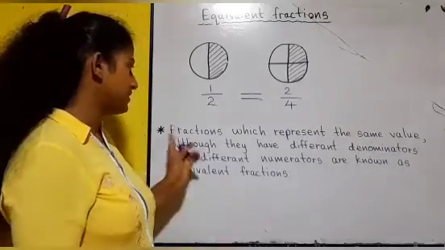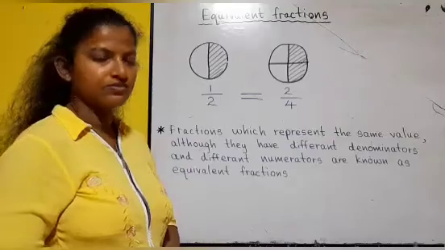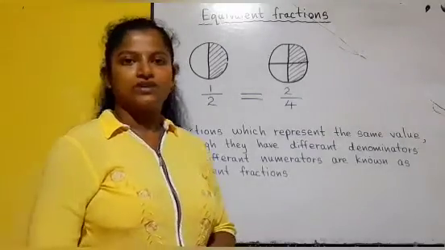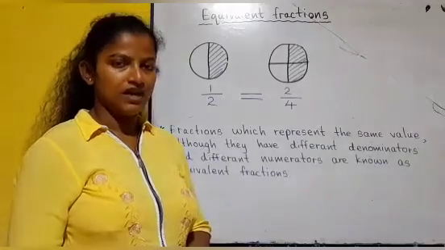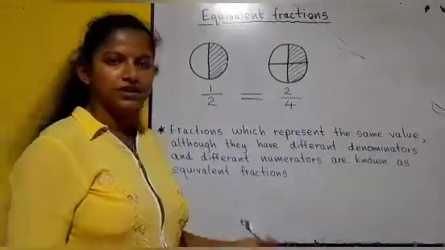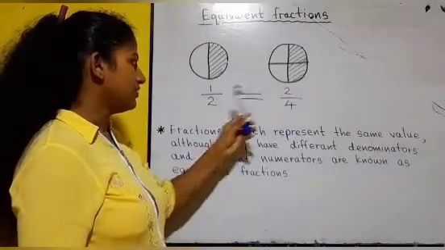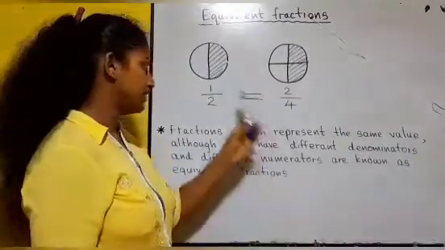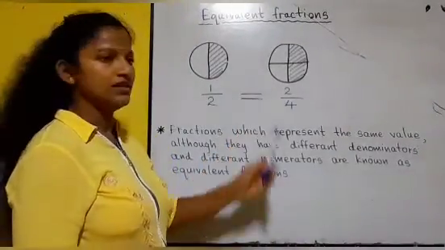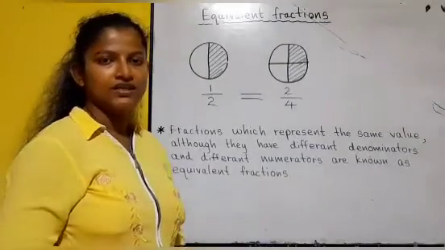So, the definition is fractions which represent the same value although they have different numerators and different denominators are known as equivalent fractions. These two fractions have different denominators and different numerators, but they are equally valued. So they are known as equivalent fractions.